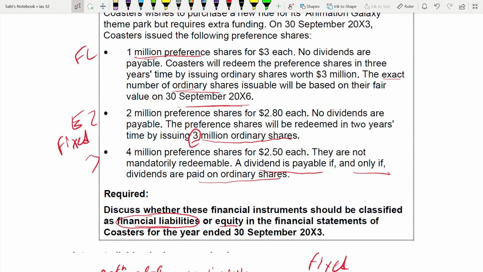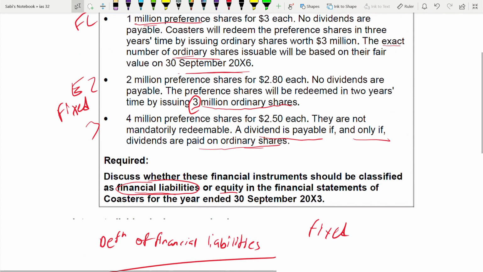No, you don't have an obligation. You pay a dividend if and only if dividends are paid on ordinary shares, otherwise it's not payable. So you don't have an obligation. There is no obligation to pay the dividend on ordinary shares, so there is no obligation to pay dividends on these preference shares also. Therefore, this is equity. Even the third one is classified as equity because there's no obligation.